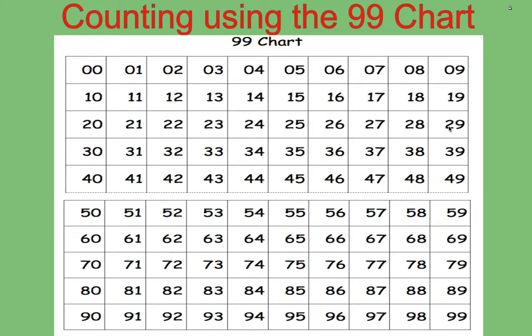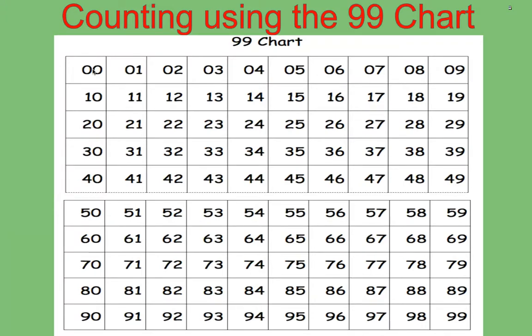Now, just for fun, let's count backwards from 29. Count with me. 29, 28, 27, 26, 25, 24, 23, 22, 21, 20, 19, 18, 17, 16, 15, 14, 13, 12, 11, 10, 9, 8, 7, 6, 5, 4, 3, 2, 1, 0.